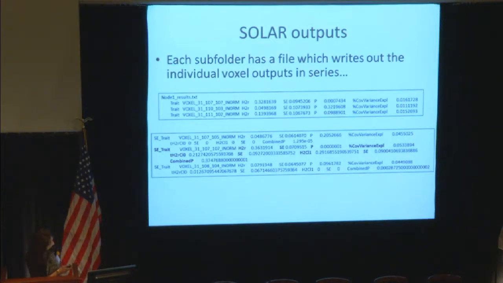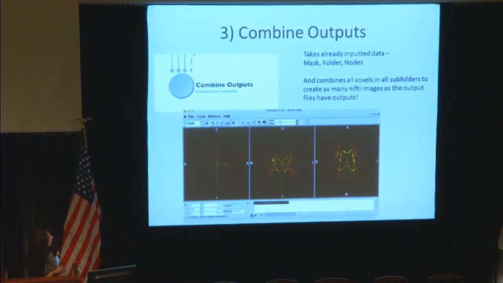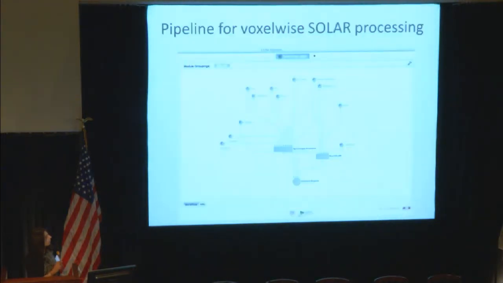At the end, it will have a results file with the different heritability estimates, the standard errors, and the p-values for each voxel. And this last module of the pipeline will take all those text files and combine them and give you your output image, which can be viewed with any normal nifty or analyze viewer. And again, this is what it looks like.